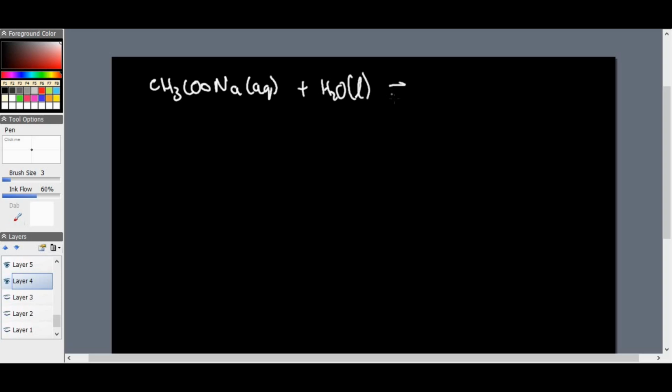That should be a reversible reaction, I think, yeah. CH3COOH, which is ethanoic acid here, plus NaOH in aqueous solution. Okay.